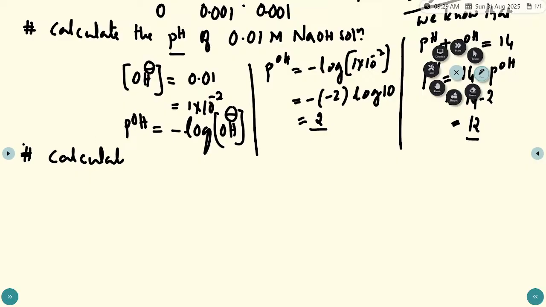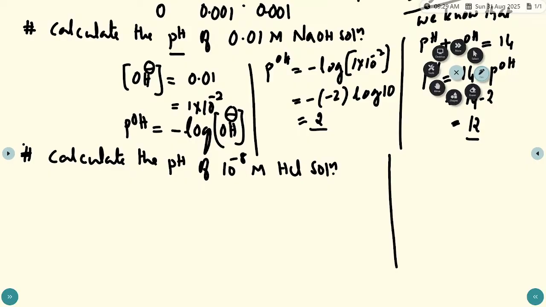So calculate the pH of 10 to the power of minus 8 M HCl solution. Before we go to that, see.